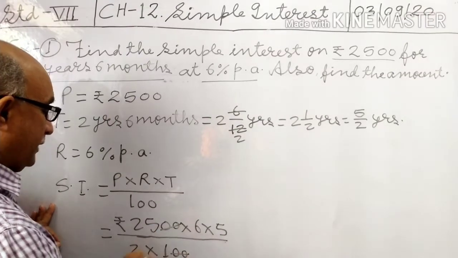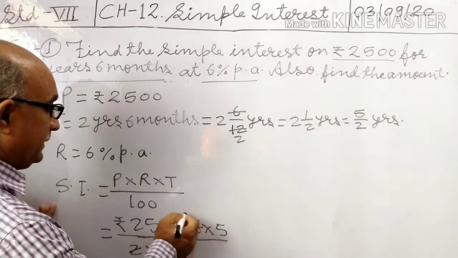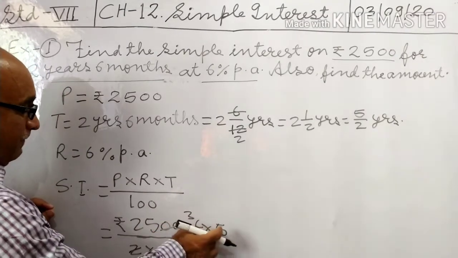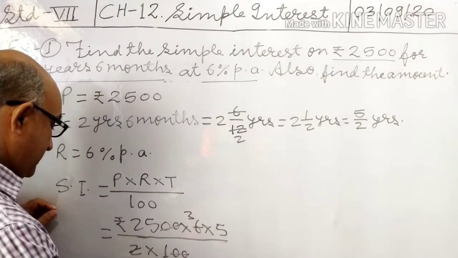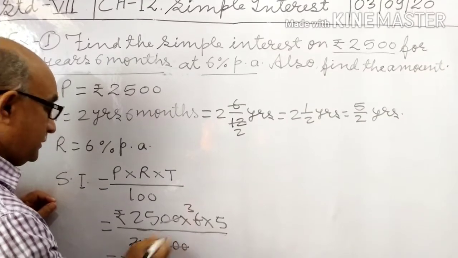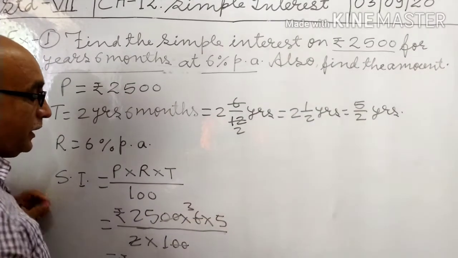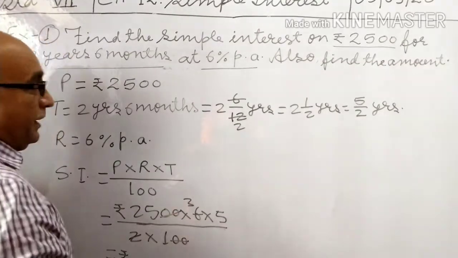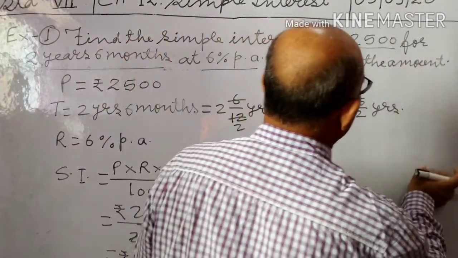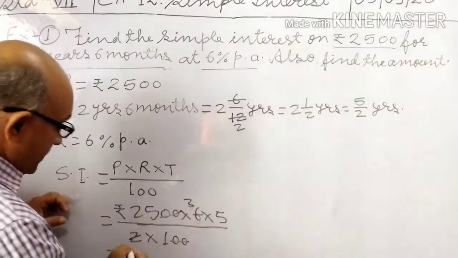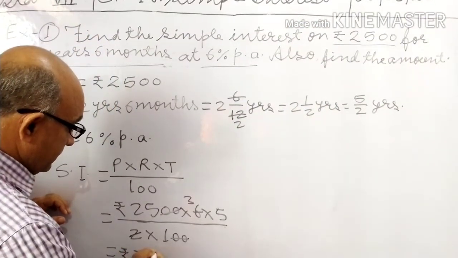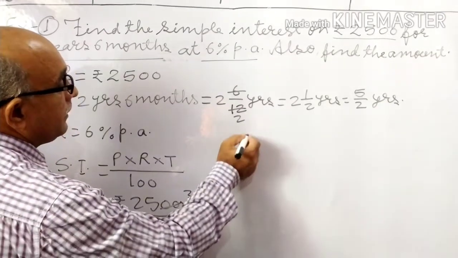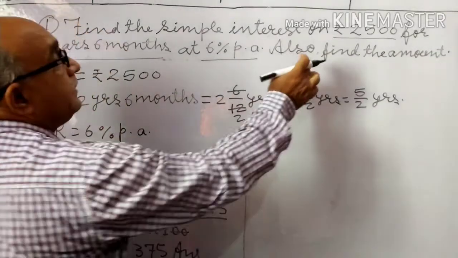Double zero cancels double zero. 2 threes are 6. Now 25, 25 fives are 125. 125 into 3, so rupees 375. One answer.